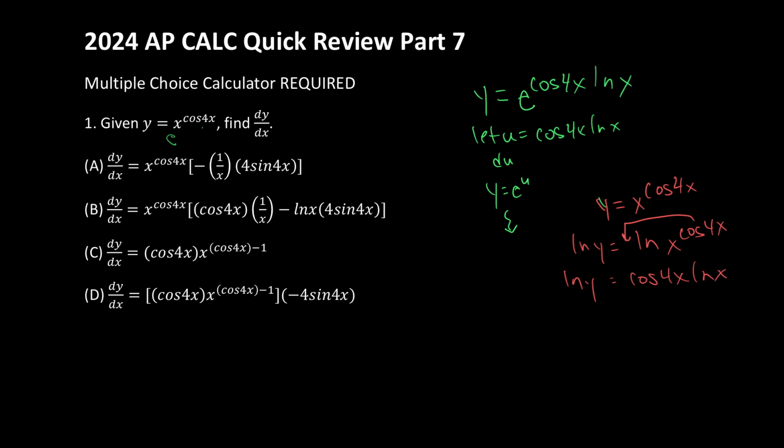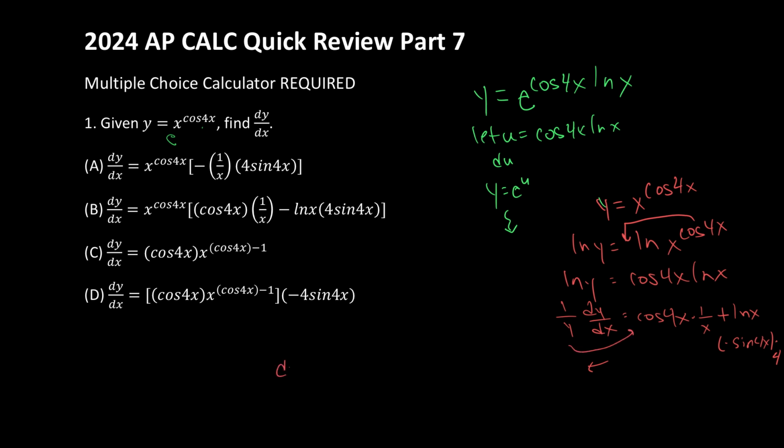At this point, we can go ahead and differentiate this. So this would be 1 over y times dy/dx equals, and here I would need to use the product rule, so I would get cosine 4x times 1 over x plus ln x times negative sine 4x times 4. All right, so now let's finish this over here. It's just a matter of multiplying this to this side.